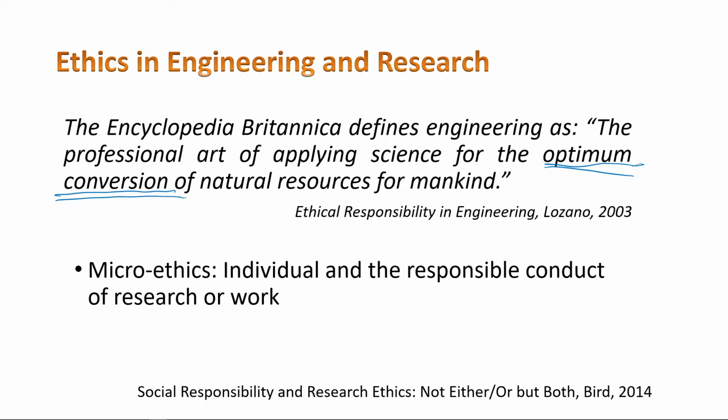I don't want to talk much about this because that should be clear for most of us: what is decent, what is being a jerk, what is responsible and irresponsible, what's honest and dishonest. That's clear. This is called micro ethics.